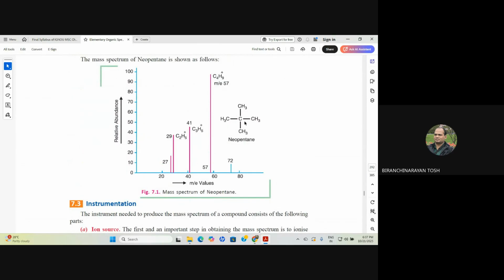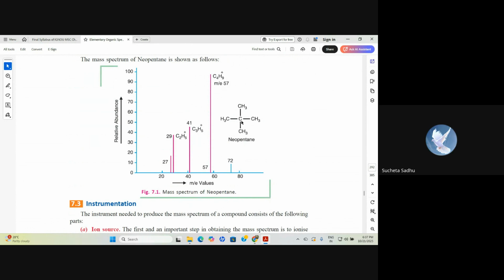Why? It is easy to cleave a carbon-carbon bond rather than the CH bond. So when a CH bond cleaves, you will get the parent ion, but its relative abundance, you can see here, is only 10%.